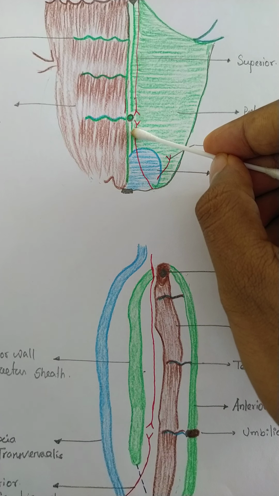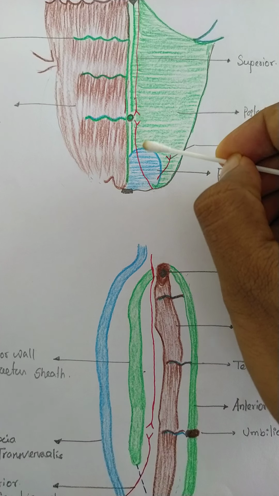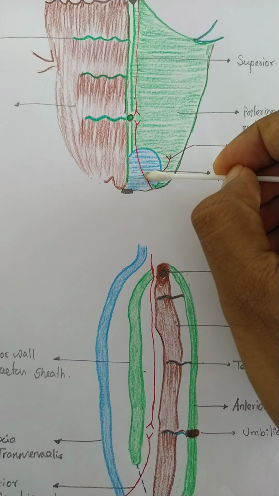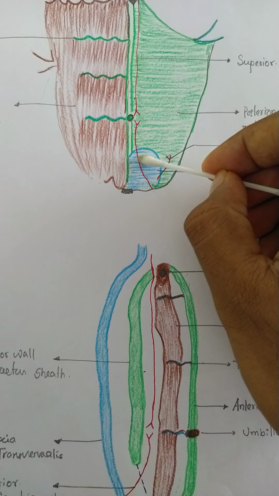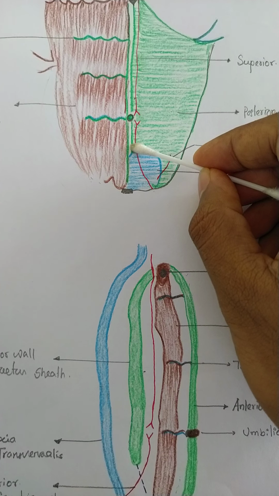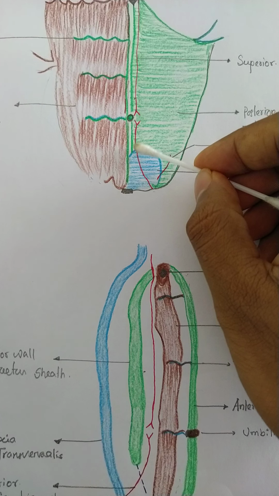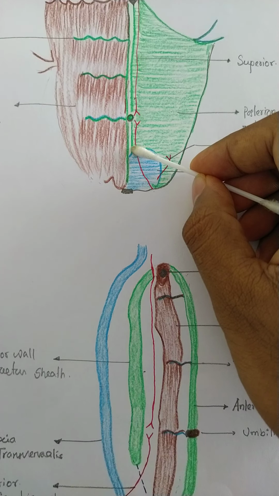Anteriorly or posteriorly, you can see this is the fascia transversalis in the blue area. So it pierces the fascia transversalis.